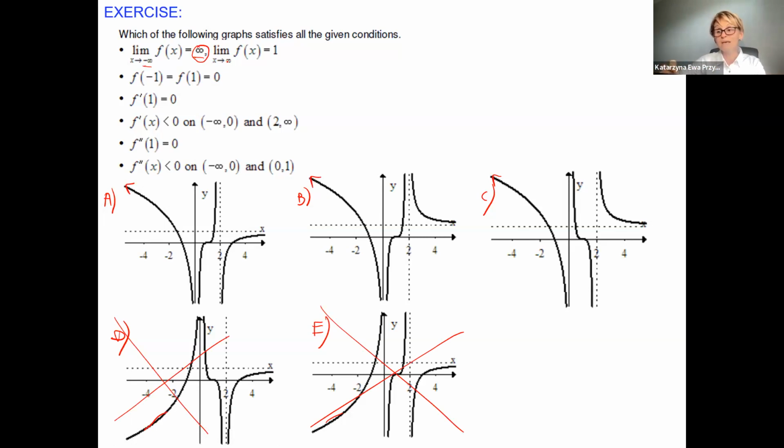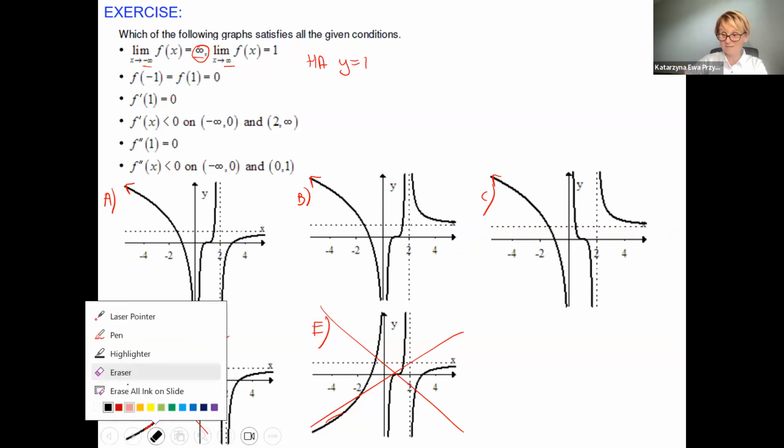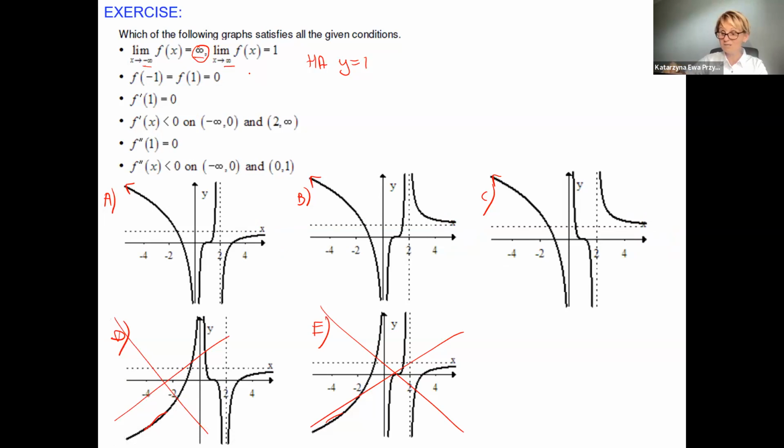Now as x goes to positive infinity, the limit is 1, a horizontal asymptote at 1. But this one has a horizontal asymptote too, so we cannot eliminate. Now, f of -1 and f of 1 are 0. The x-intercepts: the value at -1 and 1 is 0.